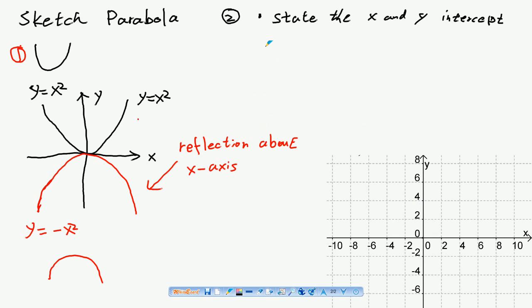Also, in sketching parabolas, you have to label the turning points.